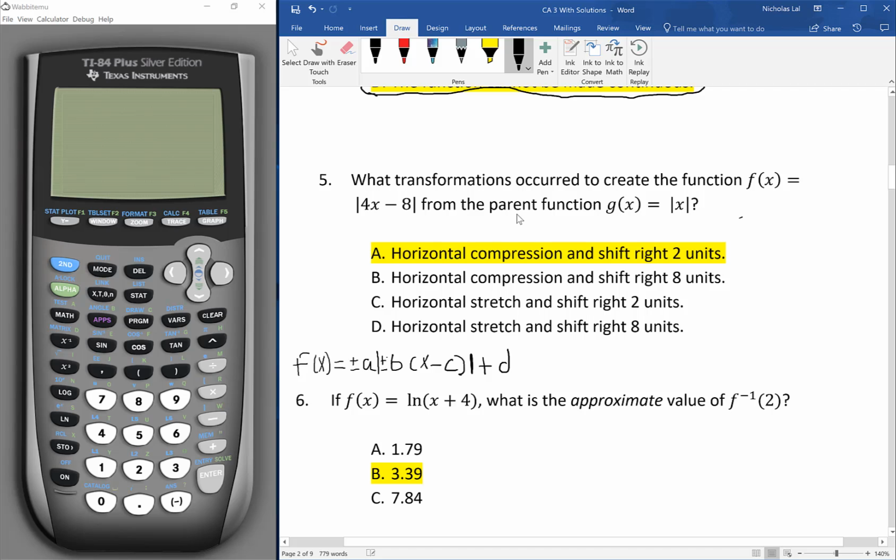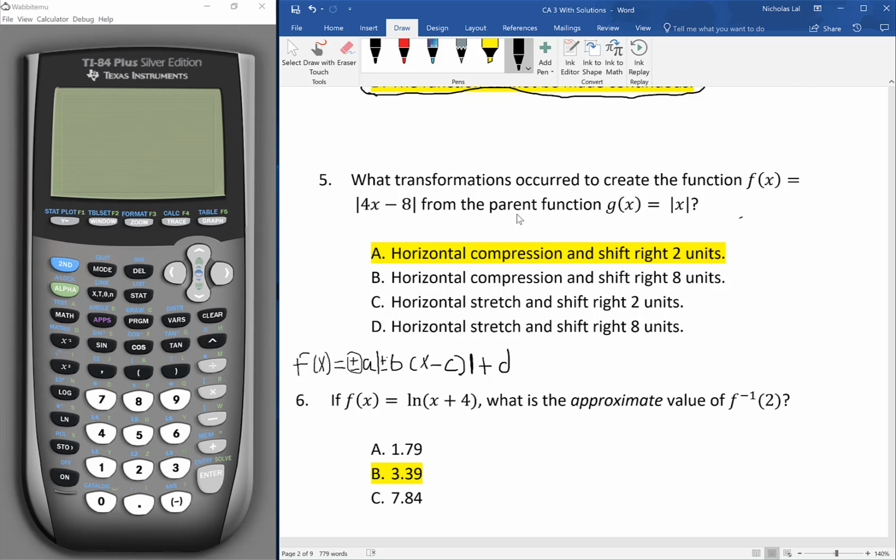All right, so the plus and minus stands for a reflection. A stands for a vertical stretch if A is bigger than 1, and a vertical compression if A is less than 1.